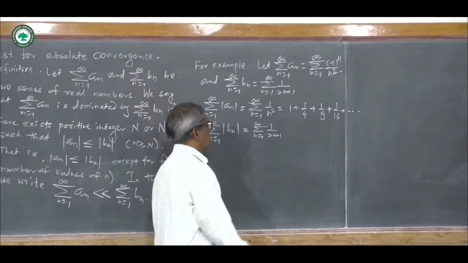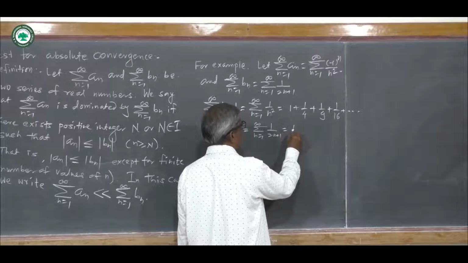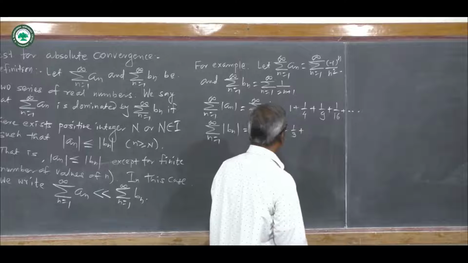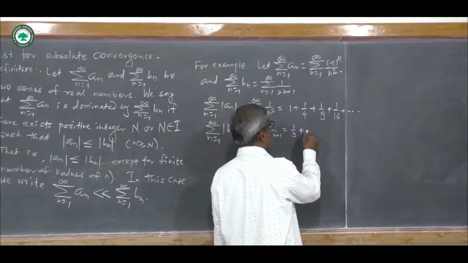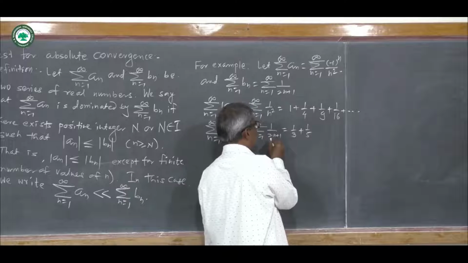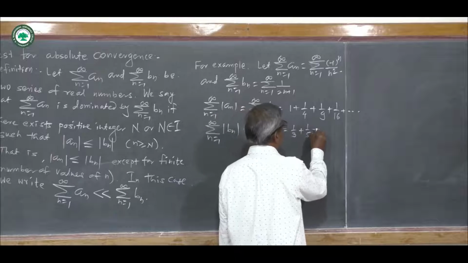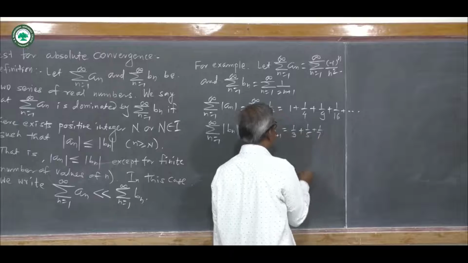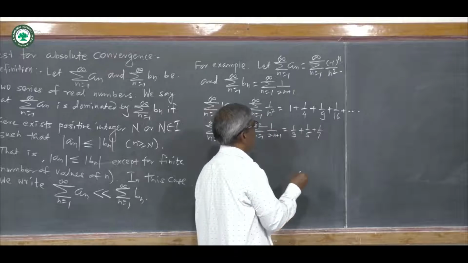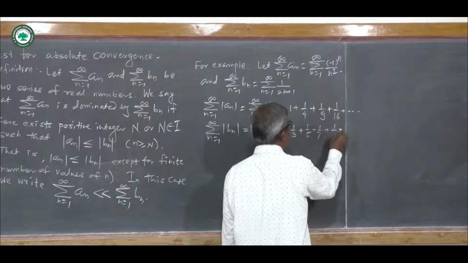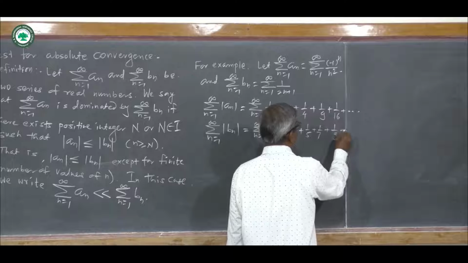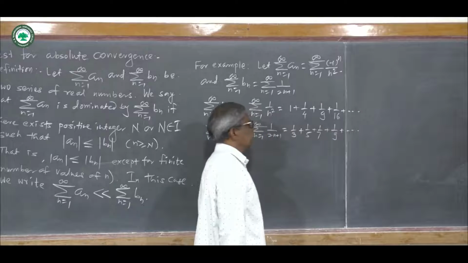If we put n equal to 1, we obtain 1 upon 3, plus, if we put n equal to 2, 2 into 2 that is 4, plus 1 is 1 by 5, 3 into 2 that is 6, plus 1 is 1 by 7. If we put n equal to 4, we obtain 1 by 9, plus and so on.